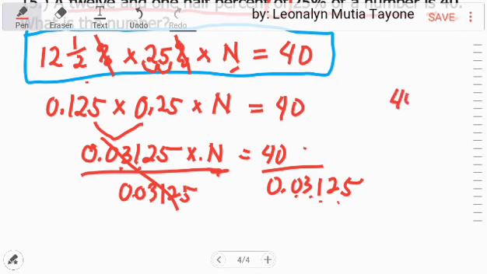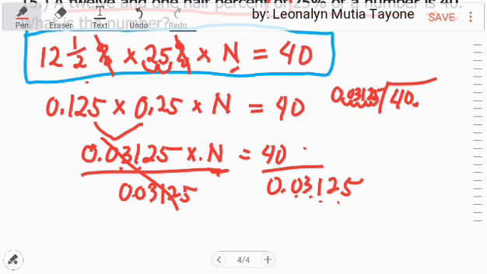So, ito yung i-divide natin. Pang-divide natin ay 0.03125. Ilang decimal ba yan? I-move natin yung decimal place natin to the right side para maging whole number siya. So, 1, 2, 3, 4, 5.